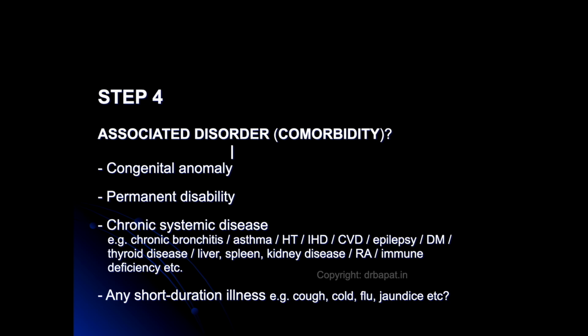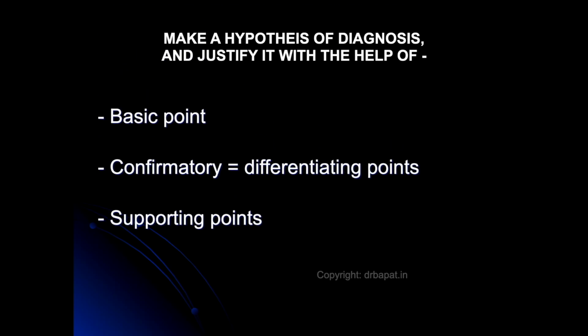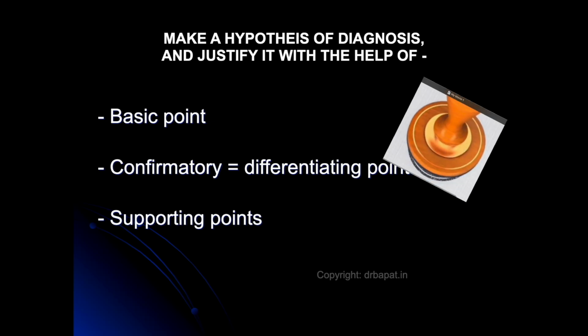And finally, look for any comorbidity if present. With the help of these steps, make a hypothesis of your diagnosis and justify it with the help of the basic point, differentiating points, and supporting points. It is the differentiating points which put the stamp of diagnosis.